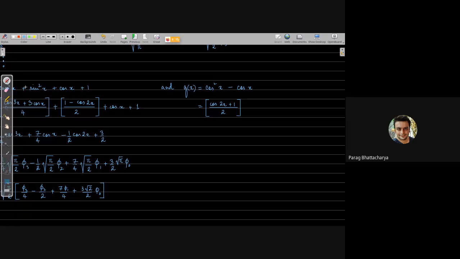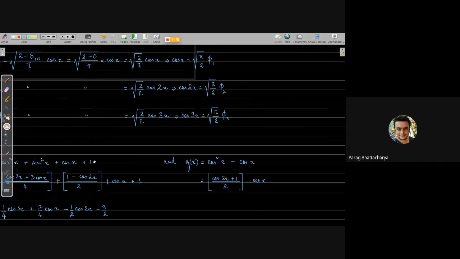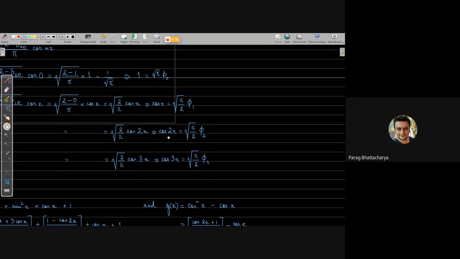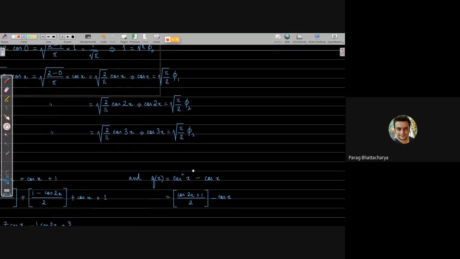So this is your cos square of x minus cos of x. Please proceed in this way. These I hope you have noted down. Only thing is the 1 is equal to root over root pi into phi naught. Rest cos 2x, cos x, cos twice x, cos thrice x. We have these. Please write this down in terms of phi 0, phi 1, phi 2, phi 3. Take out your notebook and do it now.